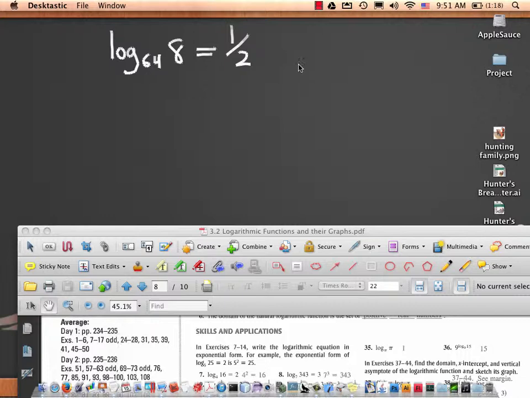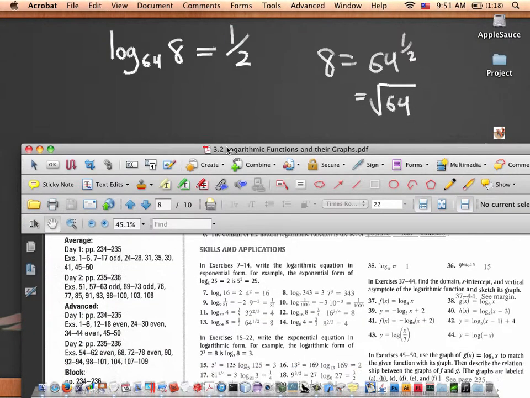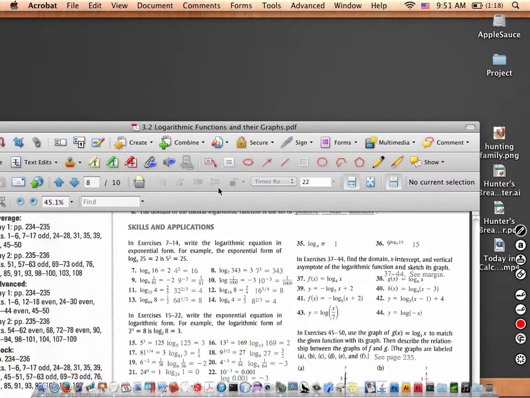What is the 1/2 power again? It's something that we're more familiar with. Oh, it's a square root. Yeah, it's the square root. So 8 is 64 to the 1/2 power, and that's the same thing as the square root of 64. That's exactly right. Very good.